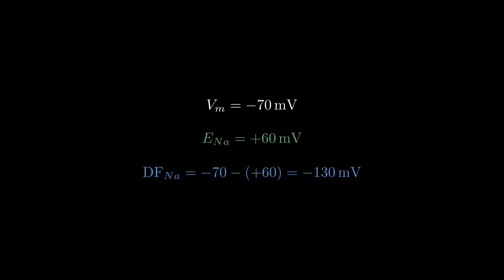For sodium, it's around negative 130 millivolts, so the driving force is negative and sodium is positive, meaning they attract. So sodium is pulled strongly into the cell. We can see that sodium's driving force is about 5 times larger than potassium, so sodium wants in much more urgently than potassium wants out.